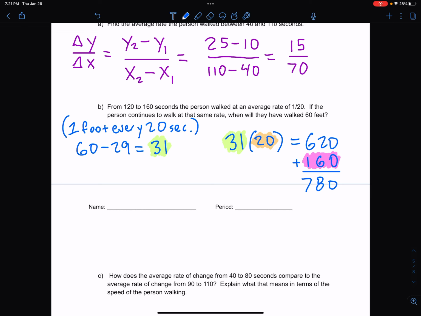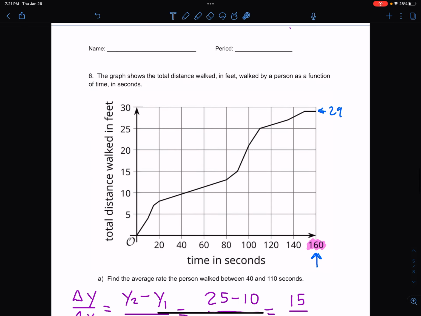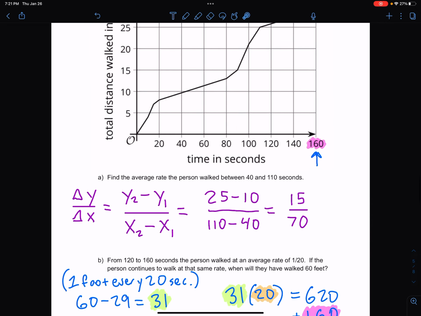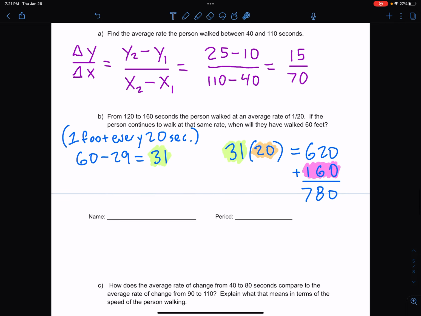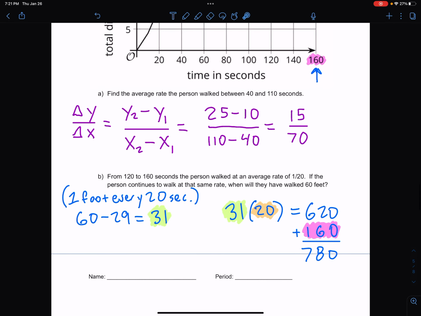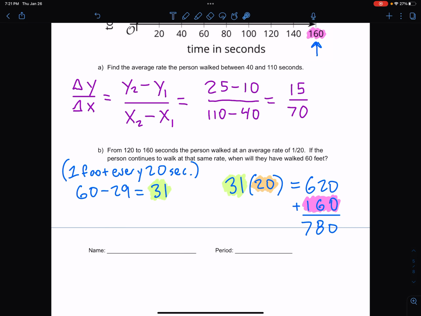This is why you want to show your work, okay? Because you might have picked some different numbers. Maybe you assumed they're close enough to 30 feet after 160 seconds. The more work you show, the better chance I'm going to be able to see that you know what you're doing. So I'm showing all my work here.